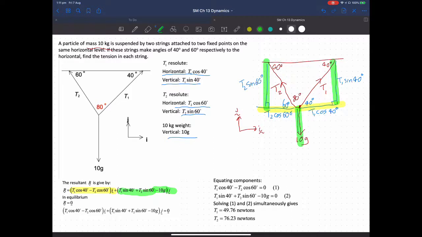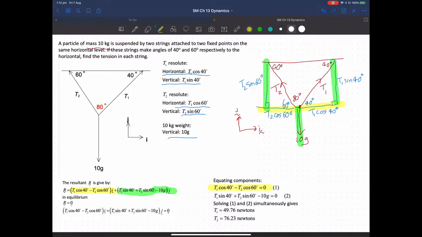Now, because we're in equilibrium, that means all the forces sum to 0. So the resultant vector will equal the 0 vector. That means that T1 cos 40 degrees minus T2 cos 60 degrees, the i component, will equal 0, the 0 vector, 0i plus 0j, so that will equal 0.